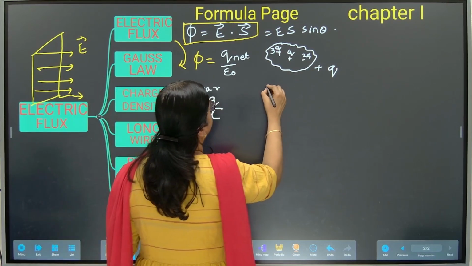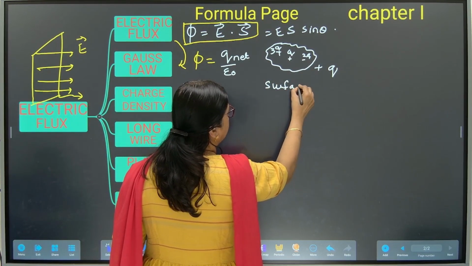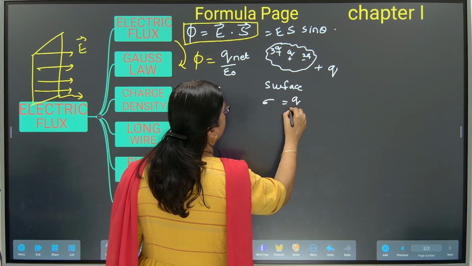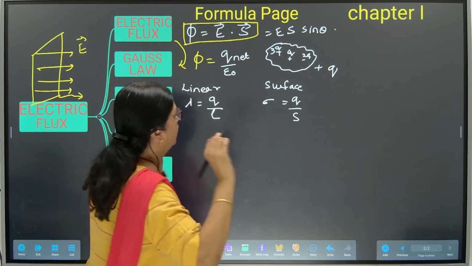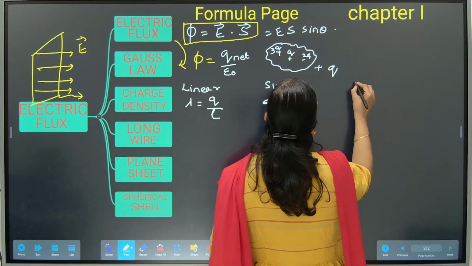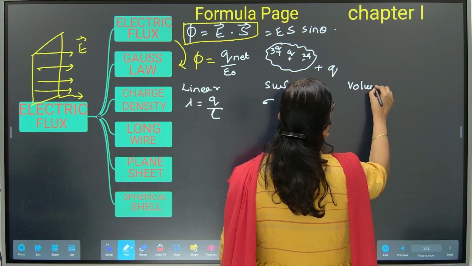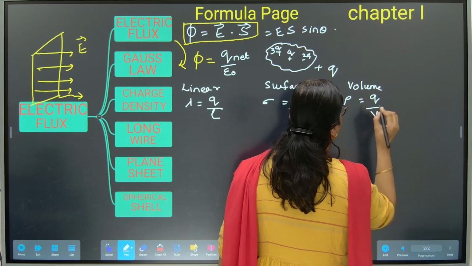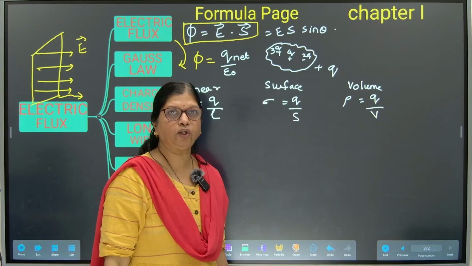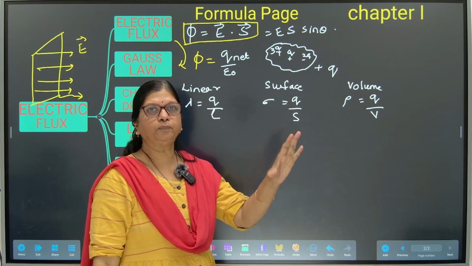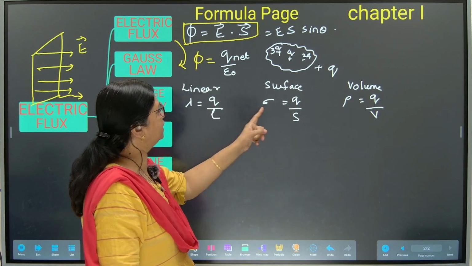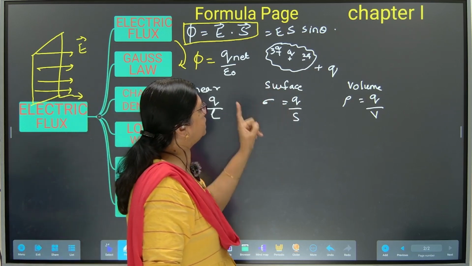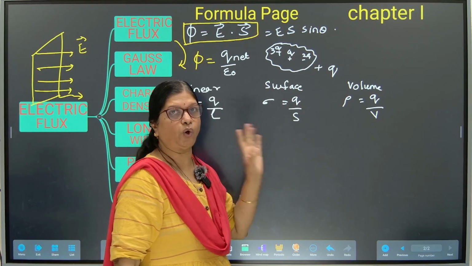Then we have the surface charge density, denoted by sigma, is equal to Q upon the surface area which we are considering. Then we have the volume charge density, denoted by rho, equal to Q upon V, where V is the volume of the object which we are considering and Q is the charge. So this is called linear charge density lambda, surface charge density sigma, volume charge density rho.